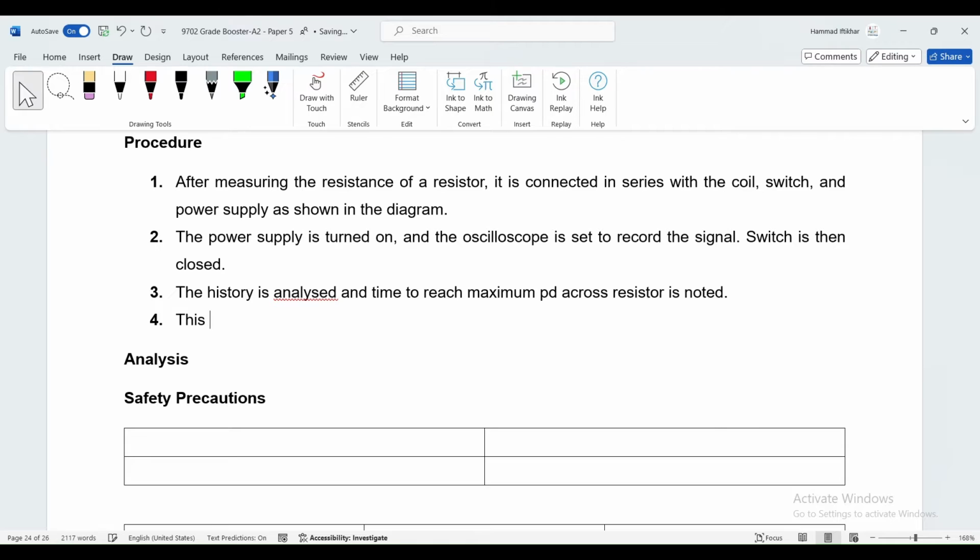This process is repeated twice, and the time results averaged for this particular resistance R.